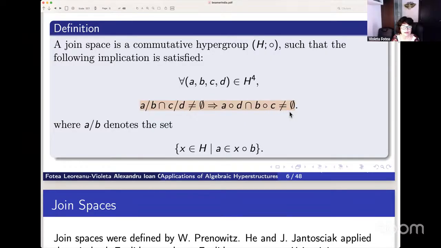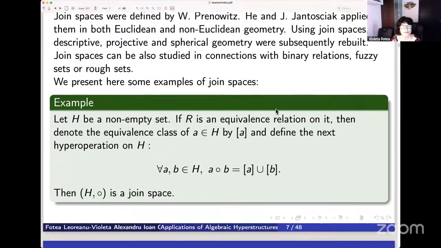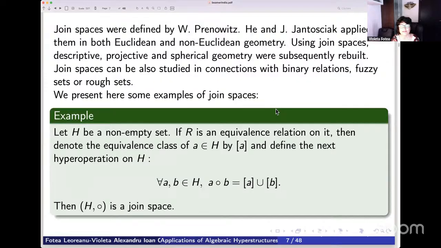This condition can have a geometrical interpretation, join, because these sets have non-empty intersection. This notion was introduced by Prenovitz, and after Prenovitz and Gentoschak applied that notion in both Euclidean and non-Euclidean geometry.